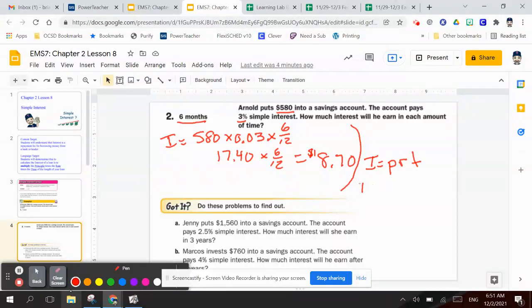So my interest equals 1,560 times 2.5% times 3 years.